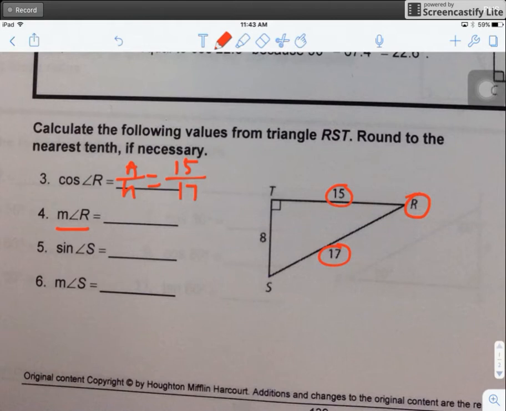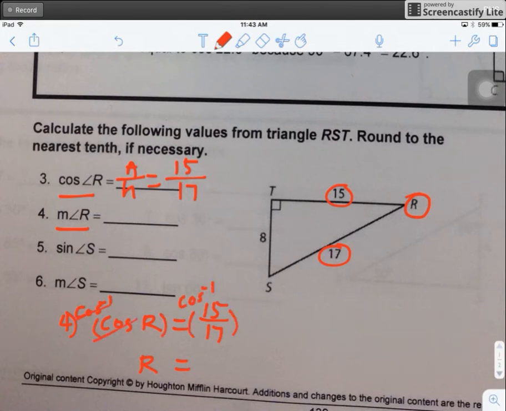So we need to use a trigonometric ratio with the inverse. Since we already have R conveniently set up from the previous part, we can just use the ratio to find number 4. Cosine of R is equal to 15 over 17. To get R, we're going to find the inverse cosine of both sides.